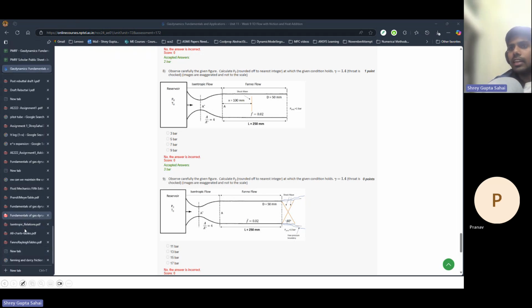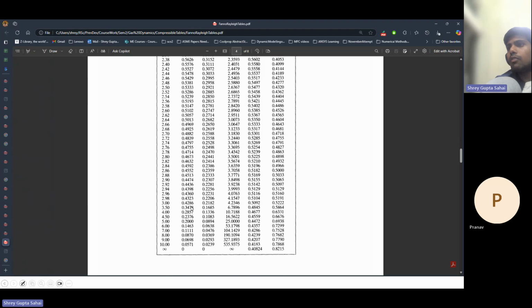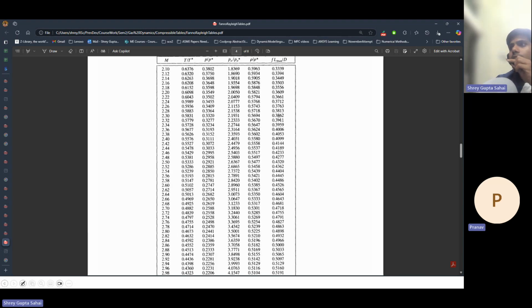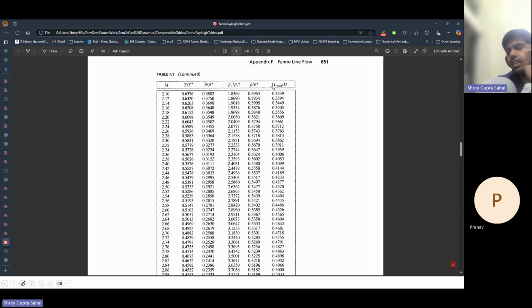We were at Mach 2.95, right? What 4FL by D value do you have for 2.95? I am getting 0.5145. Yes, 0.5145, I have the same value. Now, the table you are having says it is FL by D, maybe because my table has a different friction factor.